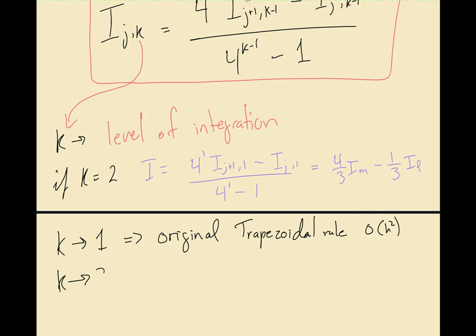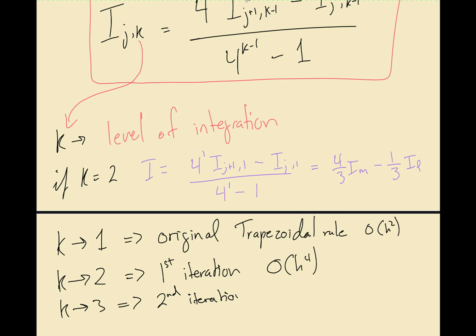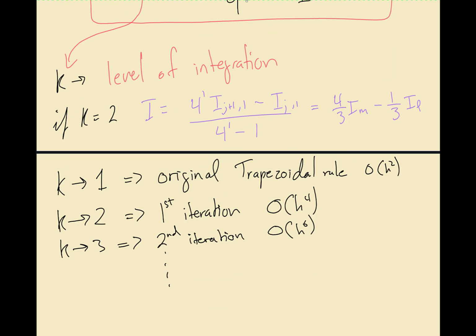K equals 2, we're doing the first iteration. Order of error, h to the 4. K equals 3, second iteration. Order of the error, h to the 6, and so on.